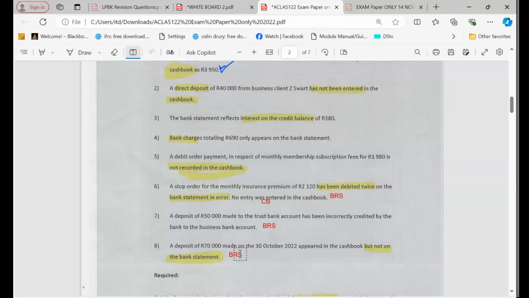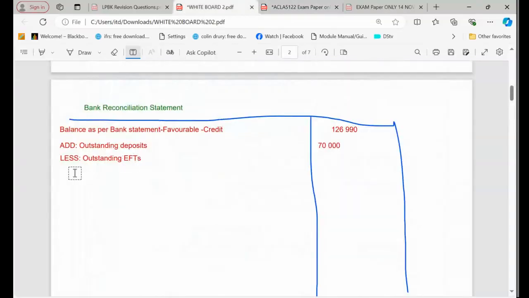So instead of once, it was debited twice. We need to get one of them back. Are we going to add or less? If we're getting it back, we would add. Perfect. So I'm going to come here and say add. I prefer to call it correction of error.